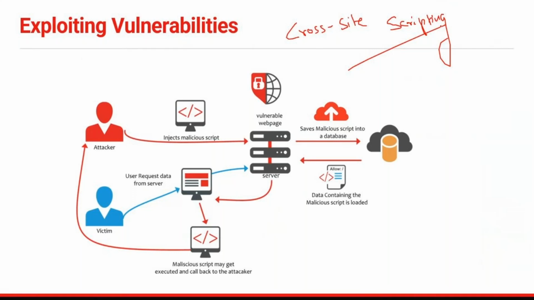Whatever interactions are happening between the user and the application, cross-site scripting exploits that. So what the attacker does, the attacker injects a malicious script into the vulnerable web page. The vulnerable web page sends the script to the database, so it saves the malicious script into the database, right?